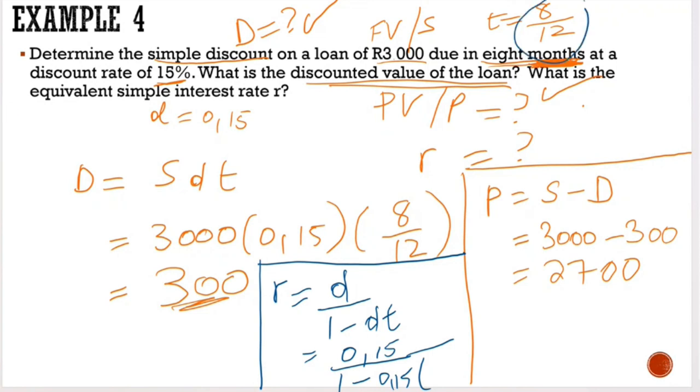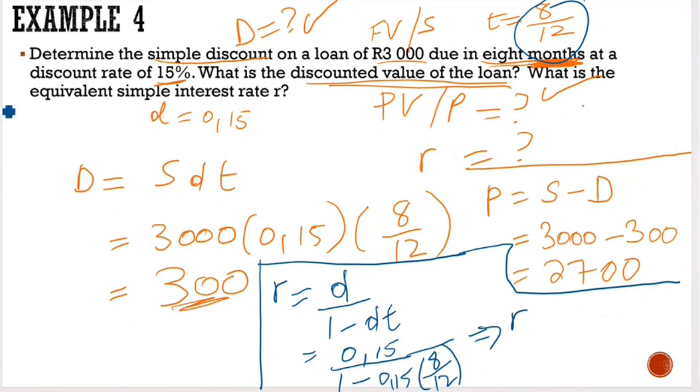you're using the very same time because you're looking for an equivalent interest rate. This is 8 divided by 12. So you can just plug this thing into your calculator. Okay, when you plug into your calculator, you will get that this implies that your R is equal to 16.67.